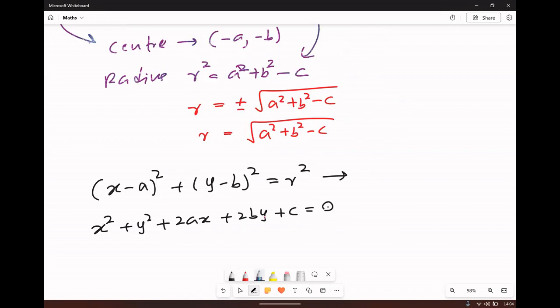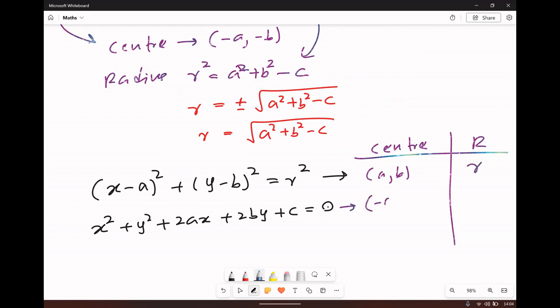In these formats, how do we get the center and the radius? In the first format, the center is a comma b, and the radius is simply r from the equation. In the second format, the center is going to be minus a comma minus b, and the radius is going to be the square root of a squared plus b squared minus c.